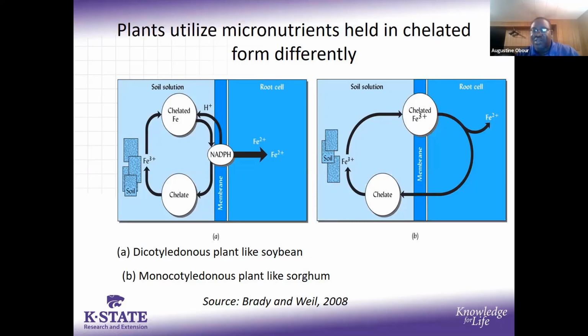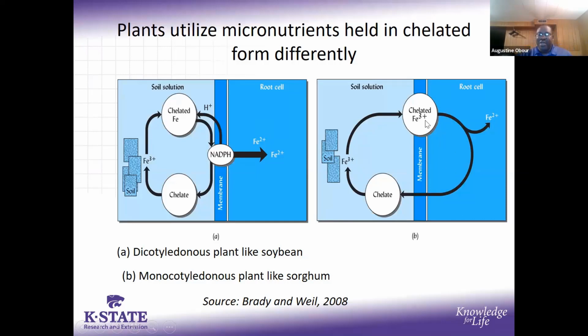Inside the root cells is where the iron is reduced to Fe2+. And then the chelate moves all the way from the root cell across the root membrane back into the soil solution. Once the chelate is in the soil solution, it can bind with another iron, and the process is repeated.